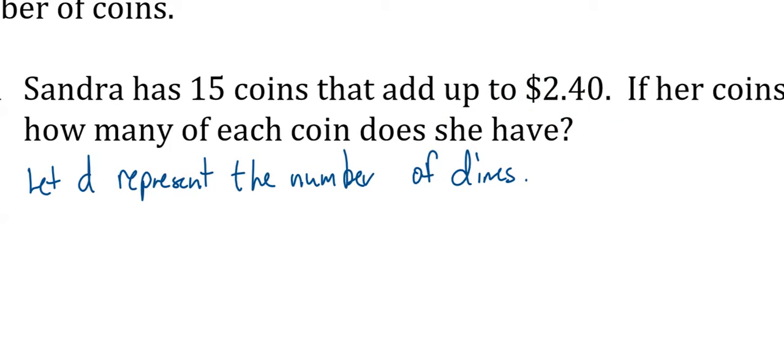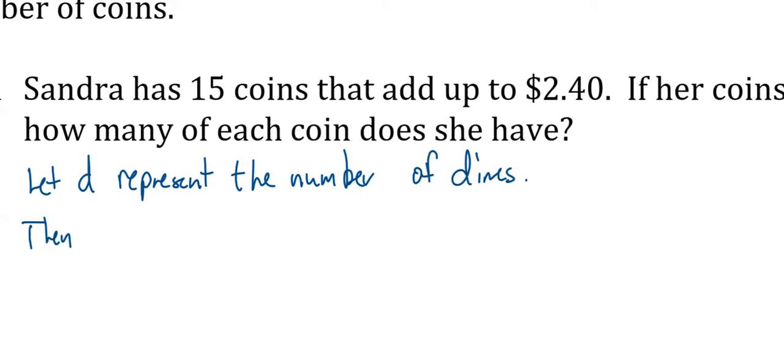So then how do I turn that into an expression? What do you think? Anybody? If the number of dimes was 4, we did 15 minus 4. So the tip here is use numbers. Try using a number and seeing how you would do it, and then turn that into a letter.